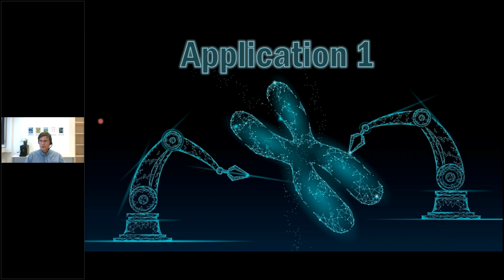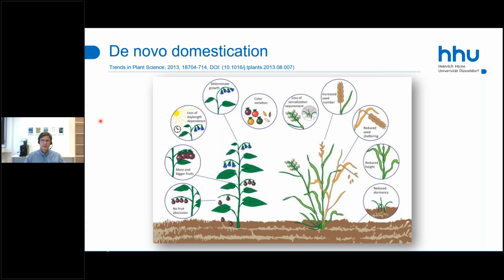So, coming to two more applications. The first is dealing with so-called de novo domestication. As I mentioned in the beginning, farmers started early on selecting plants which had favorable traits like seed size or fruit size, color, and of course also seed shattering or fruit abscission was one of those domestication traits people were selecting for.